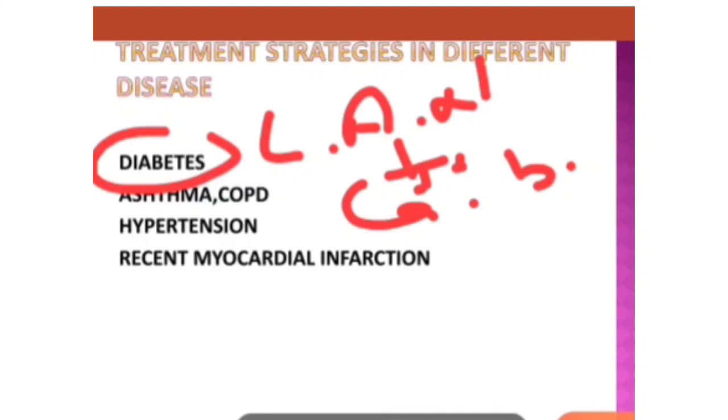This is a question. Beta agonists increase hyperglycemia, and beta blockers can reduce the hypoglycemic effects, but they can mask different conditions so they cannot be treated properly.